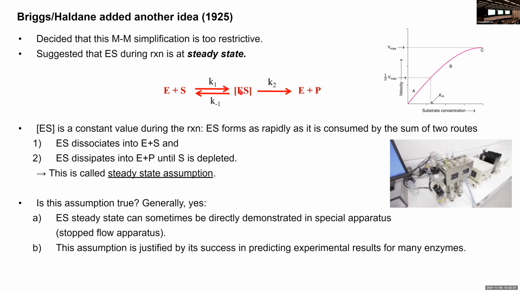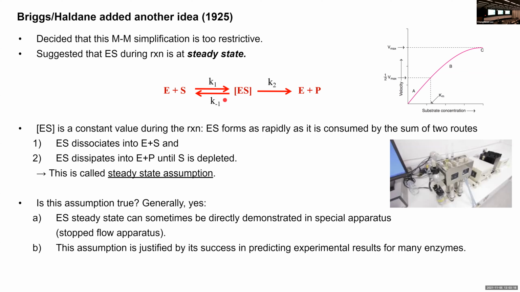So they didn't say anything about K2 being much smaller than K1 or K minus 1, or this rate being much slower than this rate. What they said was that it's going to be a steady state. It's different from the equilibrium state, but there are going to be a lot of input here and a lot of output here at the same time. We'll have the steady state in terms of this ES concentration.